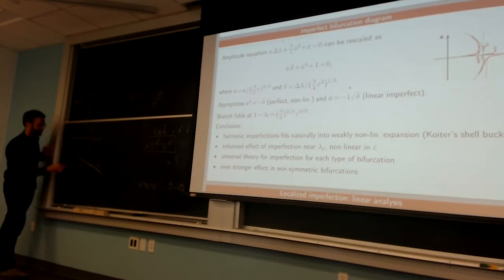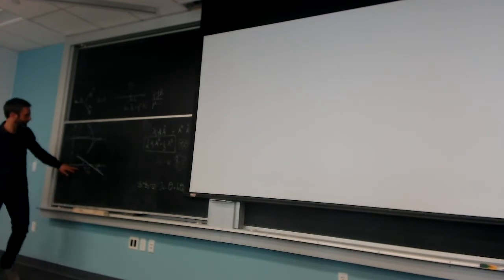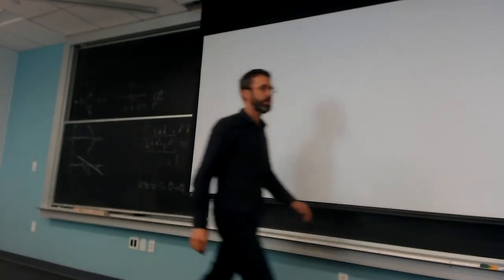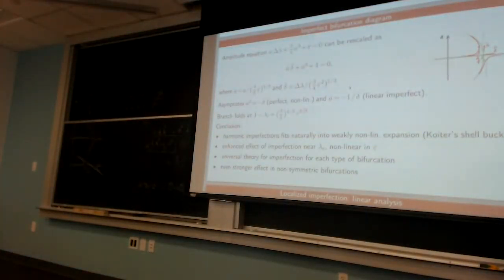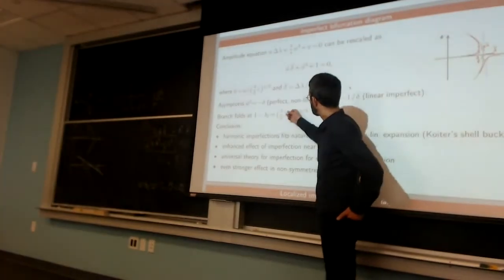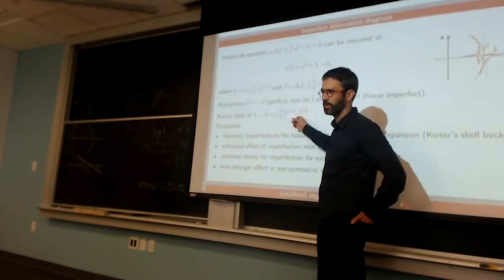Well, it depends on the stability. So this would be what I was calling 1 minus lambda f. And in the imperfect case, it has different scaling laws. It's not epsilon to the power 2/3. It's actually 1/3 if I remember correctly.